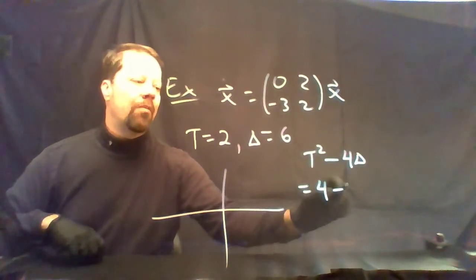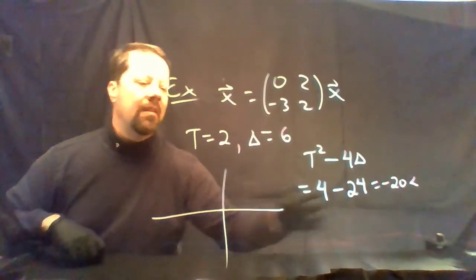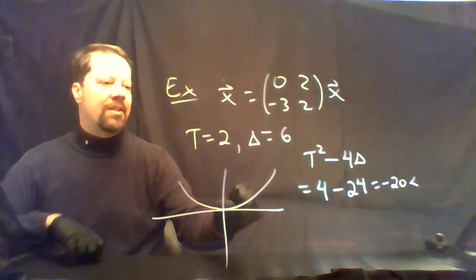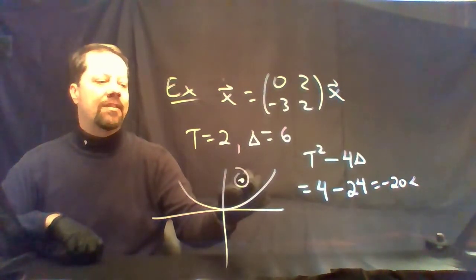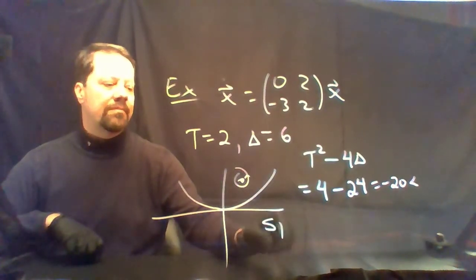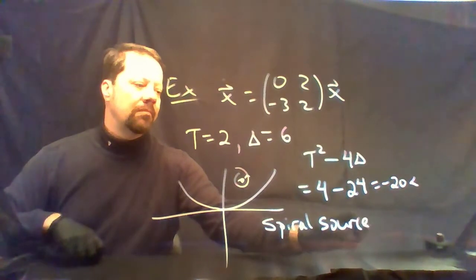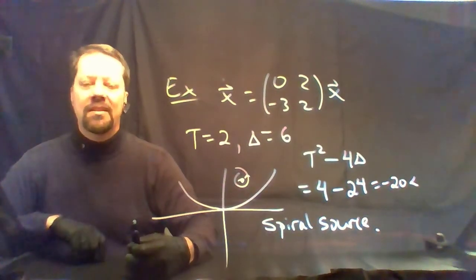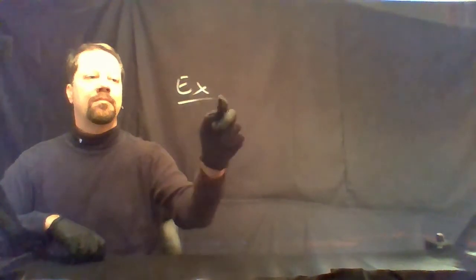That's going to be 4 minus 24 or negative 20. That puts us above the parabola in the region where t is positive up here. That's going to give us a spiral source. Definitely a spiral because we get a negative under the square root in the quadratic formula, so we get complex eigenvalues. One more example.